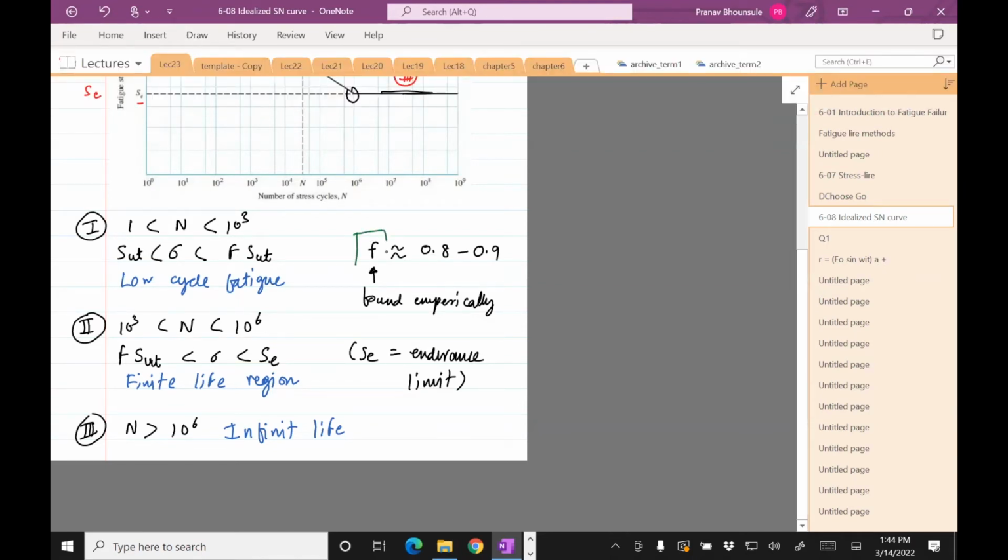There are two things here which we need to figure out. What is F and what is SE?